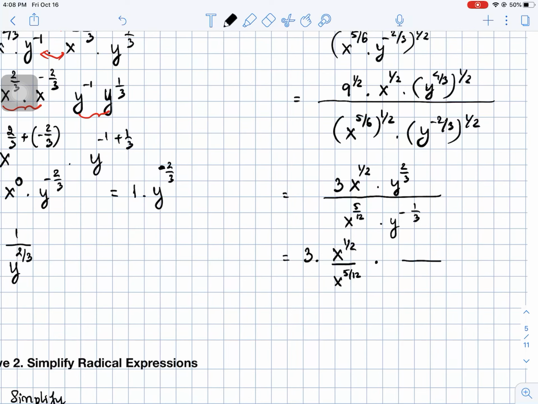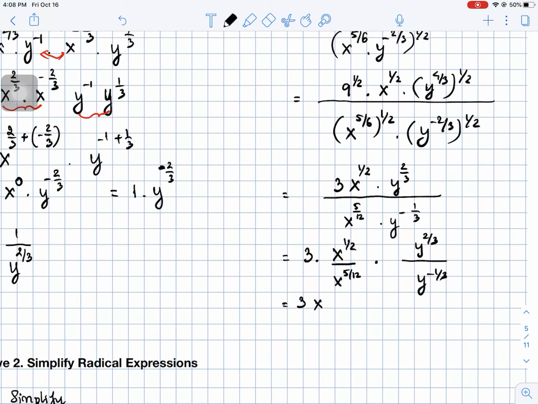Okay, we can simplify more because we see that there's an x on top and bottom and there's a y in the bottom. So I can separate them like this. I'm going to leave 3 alone. I'm going to put x to the 1/2 divided by x to the 5/12 times y to the 2/3 over y to the negative 1/3.